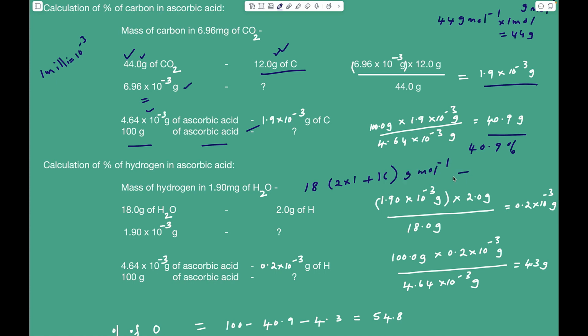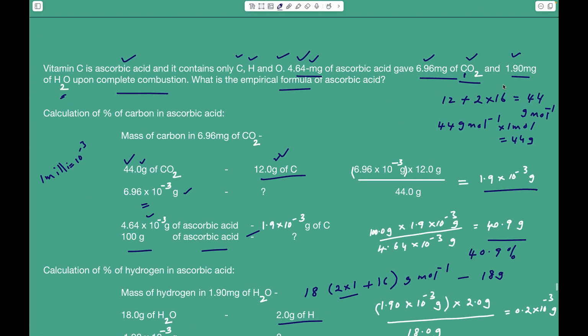Then the mass of 1 mole of water molecules would be this multiplied by 1 mole, that would be 18 grams. And in 18 grams of water vapor, there is 2 grams of hydrogen, because in 1 mole of water molecules, there are 2 moles of hydrogen atoms. So 2 mole into 1 gram per mole, so that becomes 2 grams.